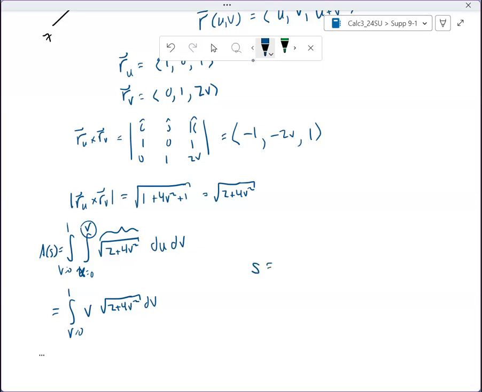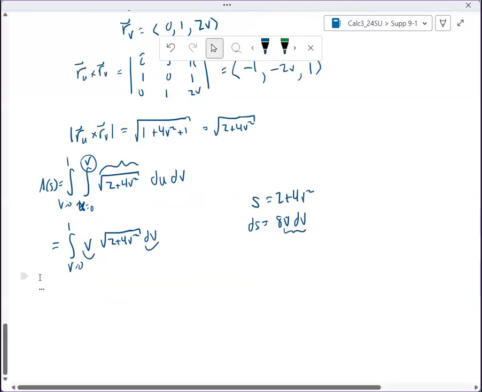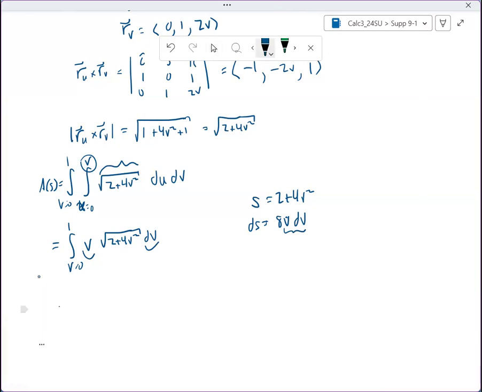If I pick, let's say, s equals 2 plus 4v squared, ds is 8v dv. I see I have a v dv. So this gives me a 1/8 integral ds, and then I have the square root of s, or s to the 1/2 power.